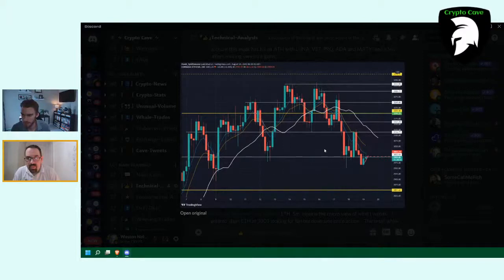If he switches to another color, he's actually talking about something he saw on the 4 hour instead of the 1 day. Green, by the way, is the current price.